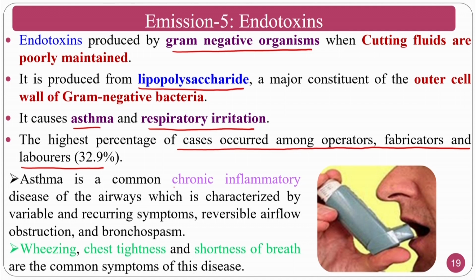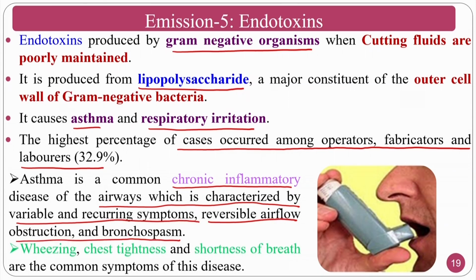Asthma is a common chronic inflammatory disease of the airways, characterized by variable recurring symptoms, reversible airflow obstruction and bronchospasm. Wheezing, chest tightness and shortness of breath are the common symptoms of this disease. As I said, it is one of the breathing problems.